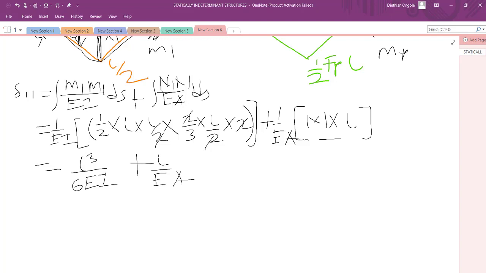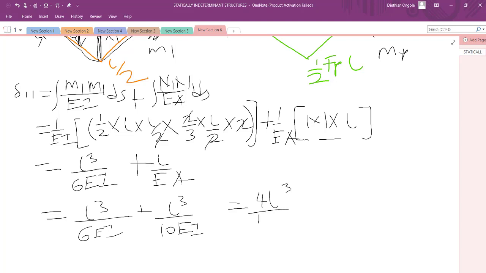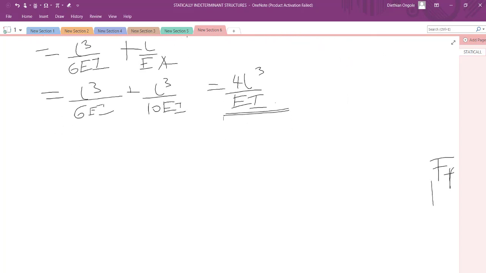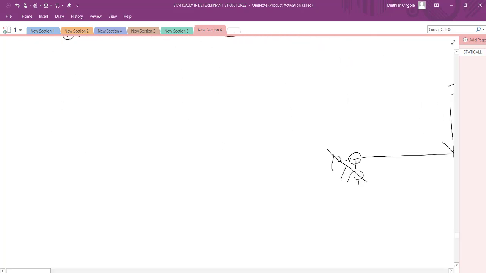With that in mind, this changes to L cubed over 6EI, plus L cubed over 10EI, giving us an answer of 4L cubed over 15EI. Then next we come and find our delta 1p.